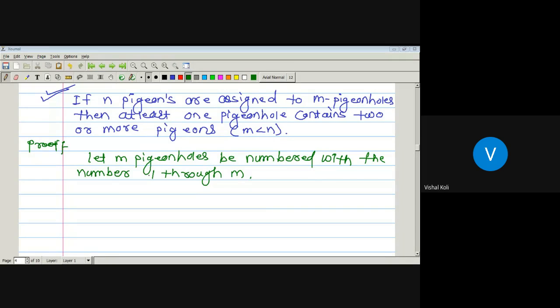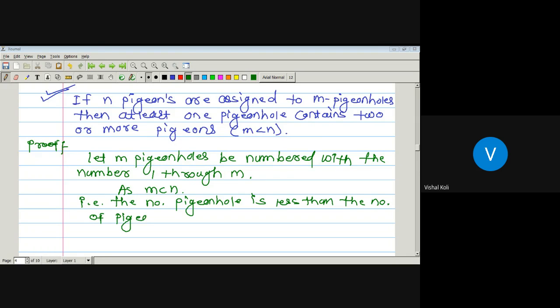But as here m is less than n, that is, the number of pigeonholes is less than the number of pigeons, so n minus m pigeons are left.